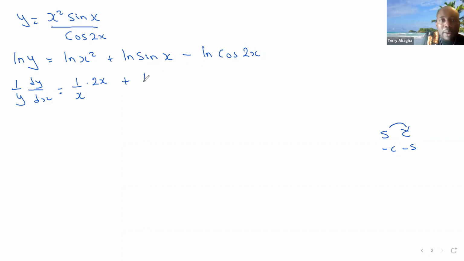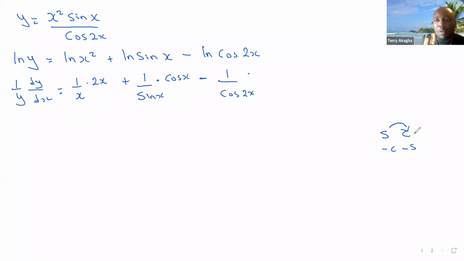So that means it's going to give you 1 over sine x. If you differentiate sine x, it's going to give you cos x. Minus, so the same thing, we have cosine to minus sine. It will give you 1 all over cos 2x multiplied by, if you differentiate cos 2x, it's going to give you what?